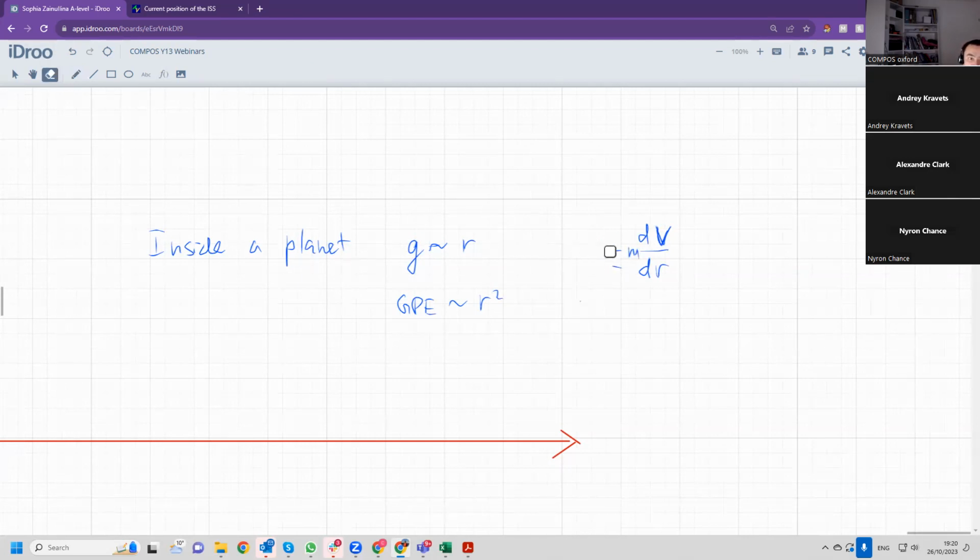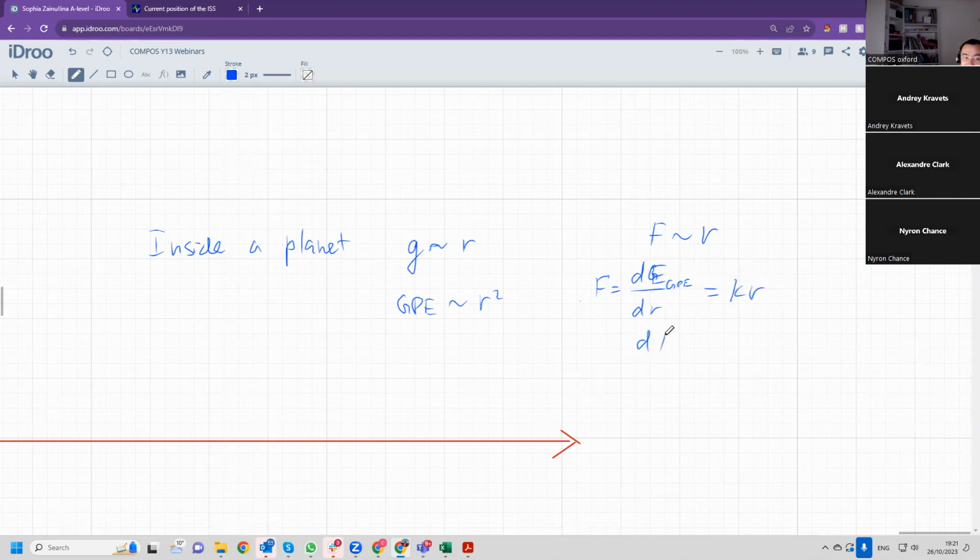Okay, you can say force is proportional to the radius. And force is the derivative of the gravitational potential energy with respect to R, and that is equal to KR.